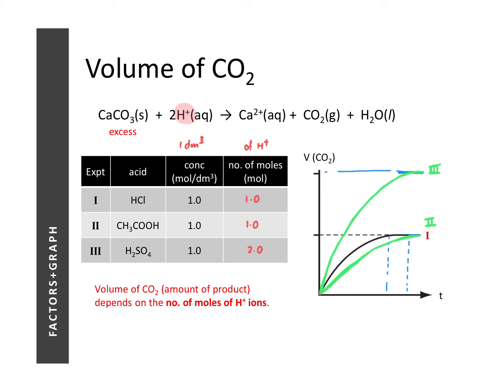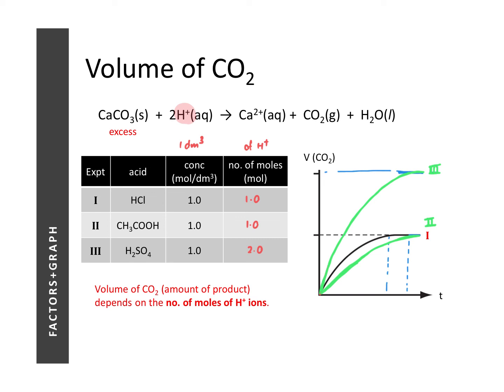As for the final volume of gas produced, the strength of the acid does not affect the final volume of gas produced or the total amount of products produced, because the total amount of products depends on the number of moles of hydrogen ions that can undergo reaction, and that is the same regardless of whether we are looking at a strong acid or weak acid.